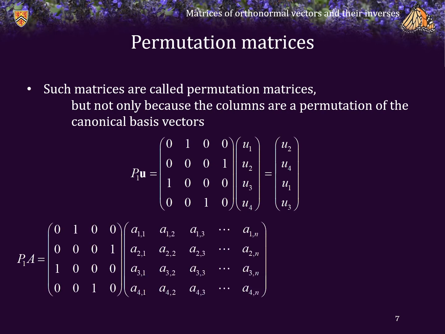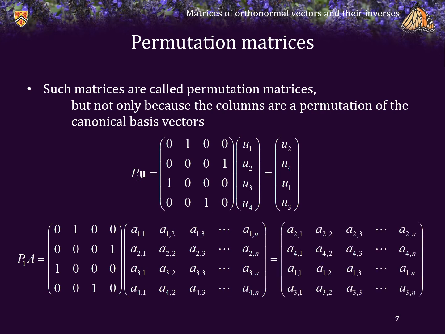Not only that, what happens if we multiply a matrix by this same permutation matrix? Well, if you work it out, you'll see that the first row ends up being the third row, the second row becomes the first, the third becomes the fourth, and the fourth row becomes the second row.